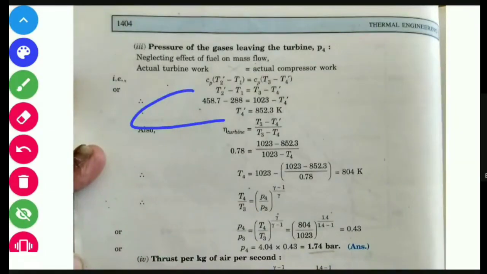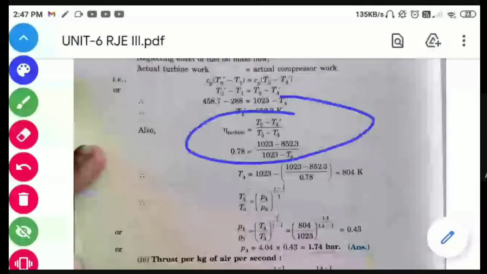Once you get the T4 dash, okay, you have to substitute in the turbine efficiency equation. Then you will get the T4 value. Using the turbine efficiency, we already find the T4 value. Now substitute in the temperature pressure relation. So from that temperature pressure relation, we can find out P4 easily because we know P3 value also. Check the P3 value.